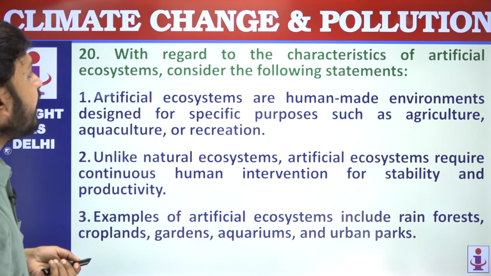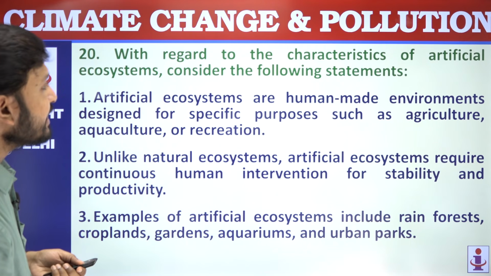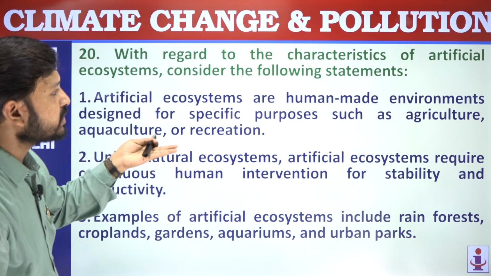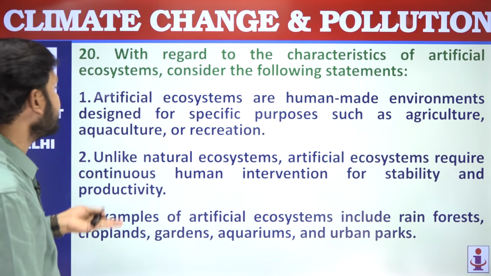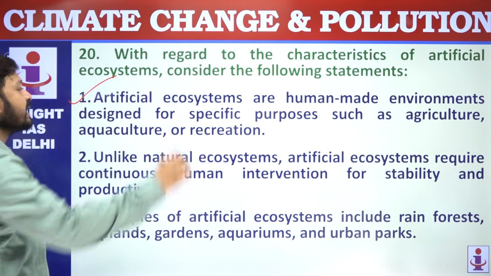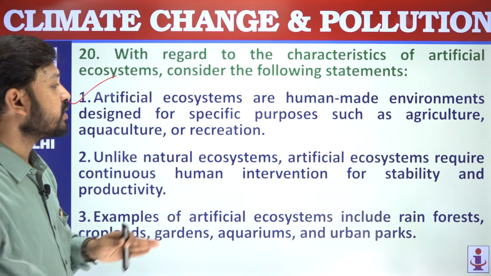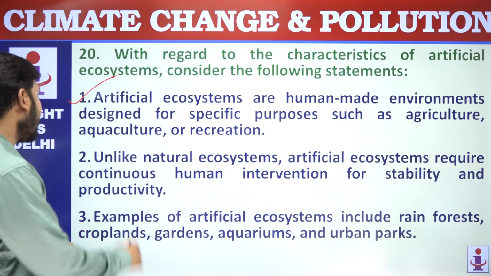Next one, with regard to the characteristics of artificial ecosystems, consider the following statements. So let's read what these artificial ecosystems are. Artificial ecosystems are human-made environments designed for specific purposes such as agriculture, aquaculture and recreation. Yes, these are artificial, made by humans. Unlike natural ecosystems, artificial ecosystems require continuous human intervention for stability and productivity.